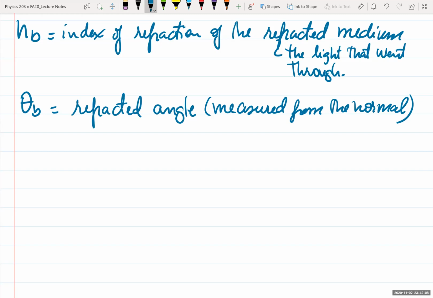There are three cases to consider here. And instead of writing those down, I'm just going to copy the slide, because there's no more that I can add to that. So Snell's law cases.